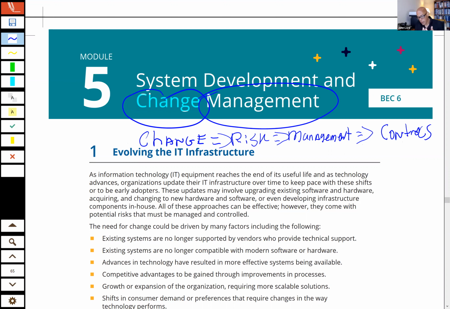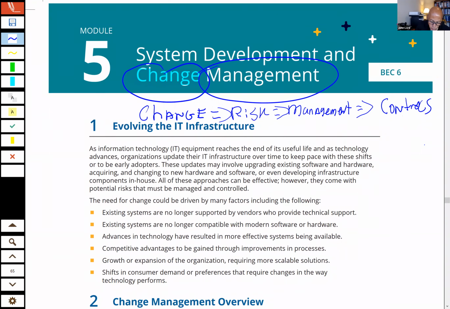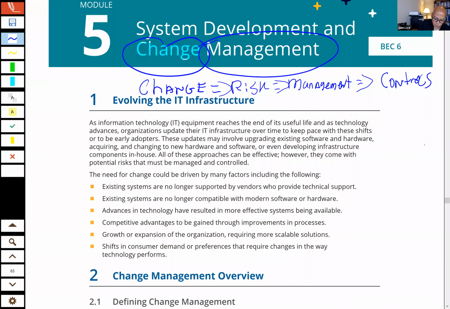They're going to talk about, well, you have to change, you have to develop something that's going to create risk. Sometimes they'll just use the word manage the risk, but they're really talking about controls. And then sometimes they just come right out and talk about controls. Now, why do we have to change our IT systems to begin with? They say evolving, and they could really put the words rapidly evolving IT infrastructure.